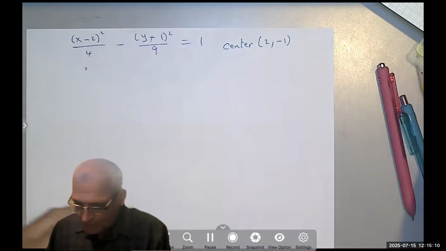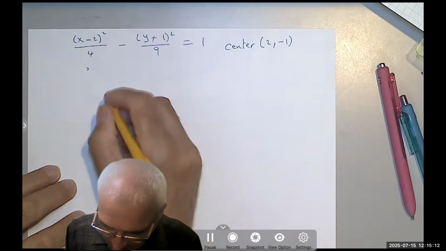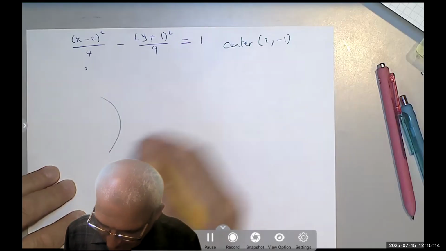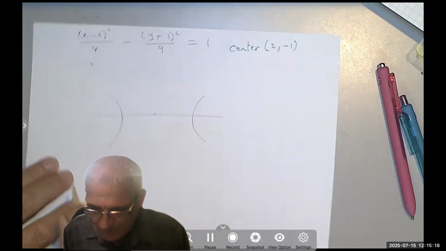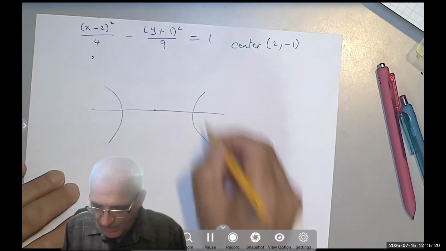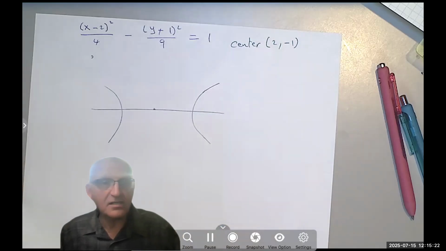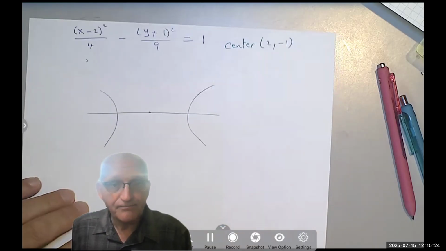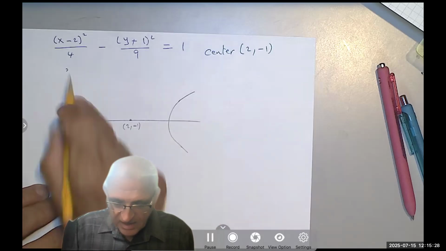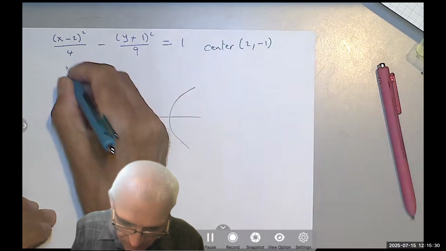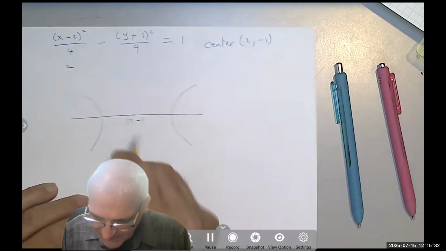So let's draw something generic so we see what we are talking about. The center is the middle point, exactly the point here where everything is symmetric around. Okay? And this point is 2 and negative 1. A is 2. And because it's opening right and left, I add 2.